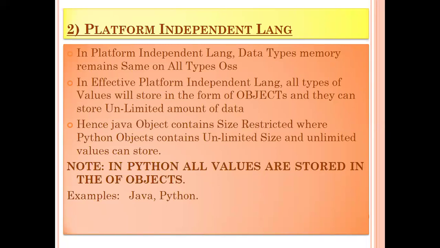That is the only reason we can store an unlimited amount of data in Python. In Java, an object has a restricted size, whereas Python objects have unlimited size and unlimited values can be stored in them.